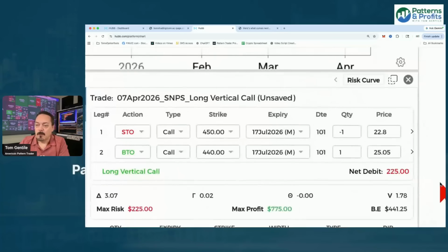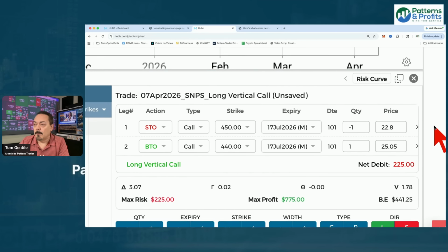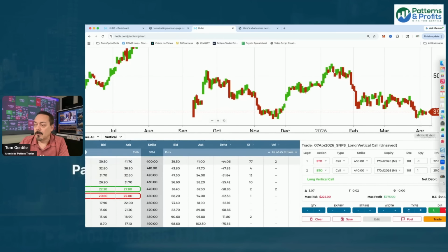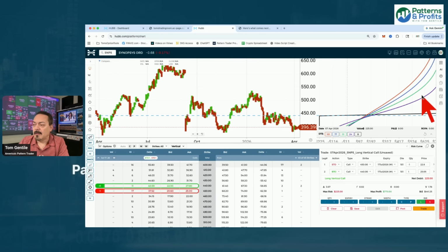All right. Now, puts on this side, I don't need to look at those, but here's my details, folks. Over here, shows me exactly what I'm looking to buy. All right, buy to open, 440 call for July, sell to open, 450 call for July, cost max risk 225, max profit 775. And then if I want to turn this into a risk curve and actually look at this, like an option trader, I can click on the risk curve tab, and that brings in the actual trade right here for me to look at.